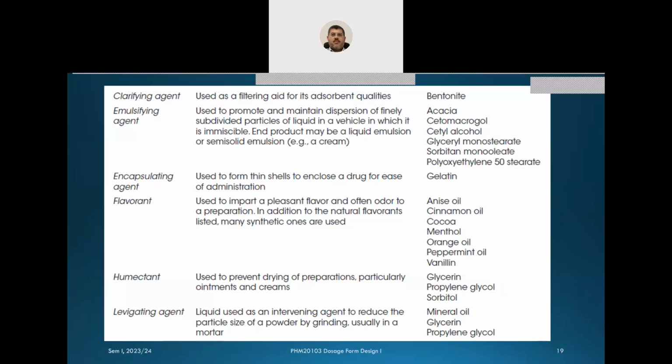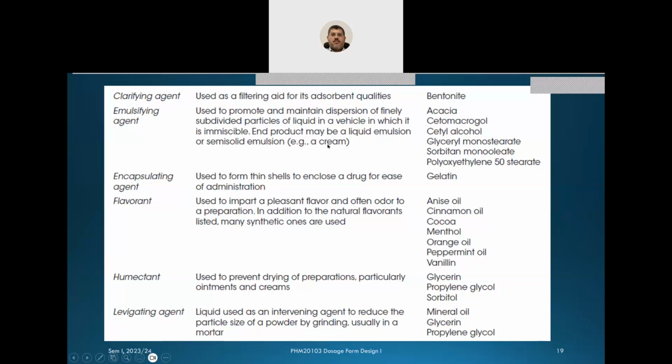But if you add an emulsifying agent, whether natural or synthetic, like polyethylene 50 stearates or butyl monooleate, some of them are natural like acacia and some are synthetic, then one of them will be dispersed in the other as fine droplets that you cannot see with the naked eye, same like the milk. So emulsifying agents are used to make emulsions and also to make a cream.